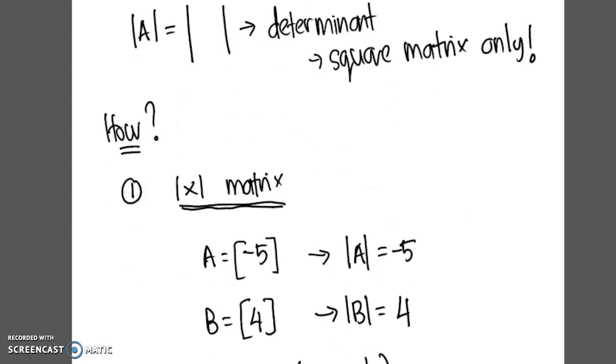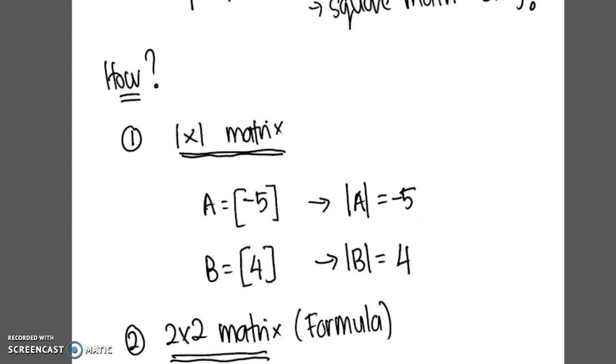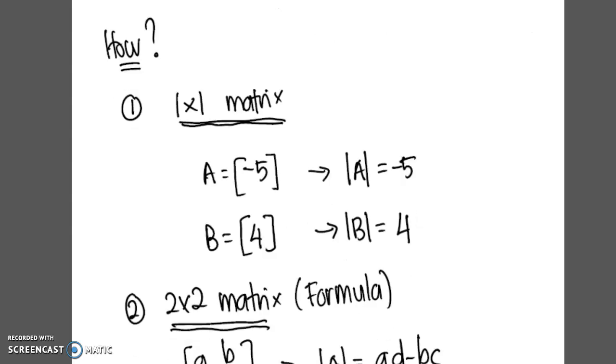So you have to know how to find your determinant. There are a few methods to solve this. The first one, if it is a 1 times 1 matrix, is the easiest. For example, matrix A has the element negative 5, so the determinant is also the element.